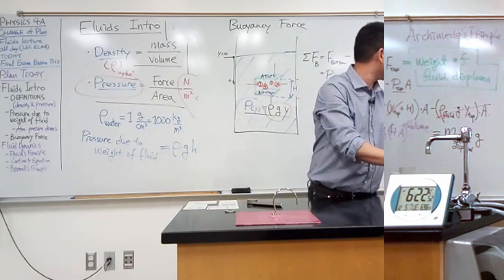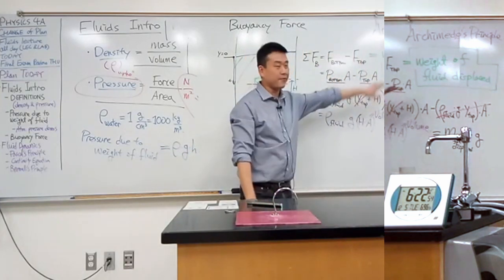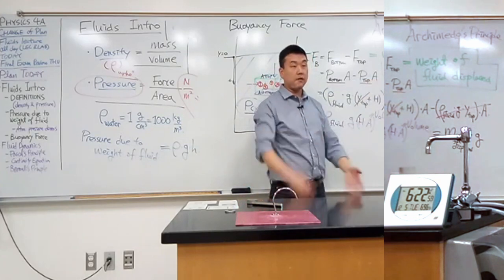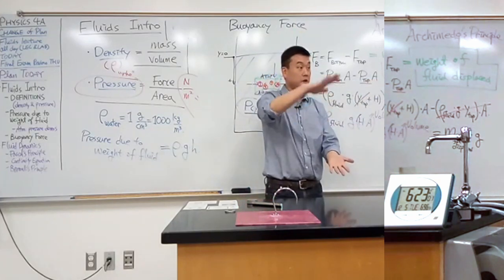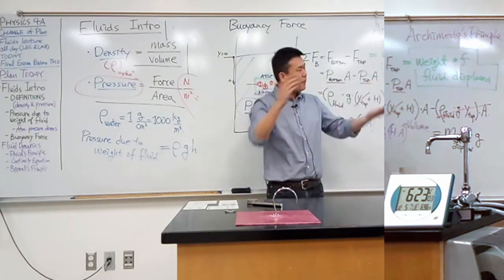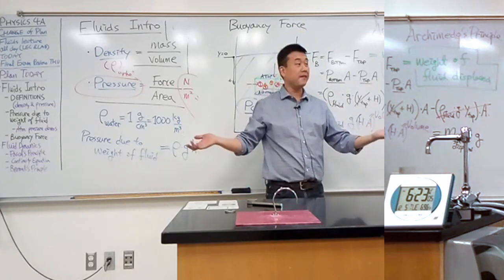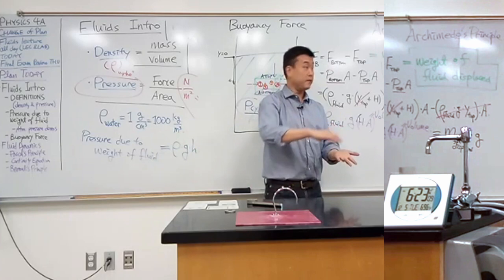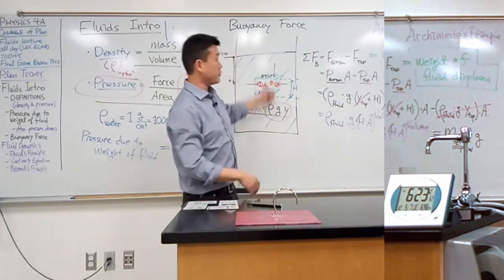I don't know if Archimedes worked it out this way, but he somehow figured out that when you have an object that's submerged under a liquid, or under any fluid, but air is so light that it's harder to tell, there's an upward force on it.